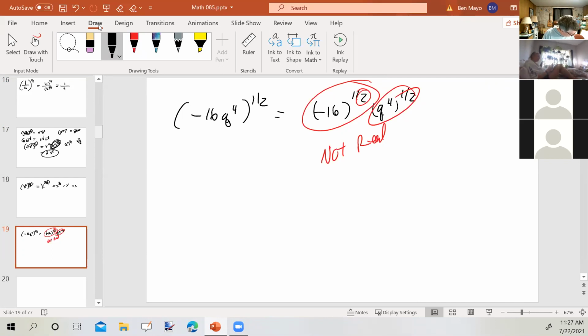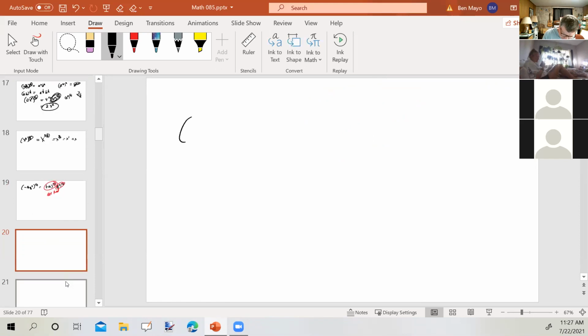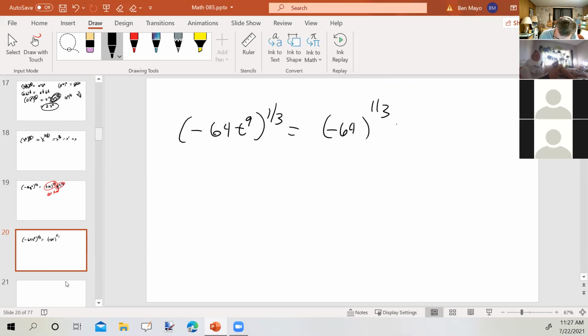Okay. Let's see here. How about this one? -64 t to the 9th, all to the 1/3 power. So this would be -64 to the 1/3 power, t to the 9th to the 1/3 power. Well, now we're taking an odd root, because the 1/3 power is like the cube root.